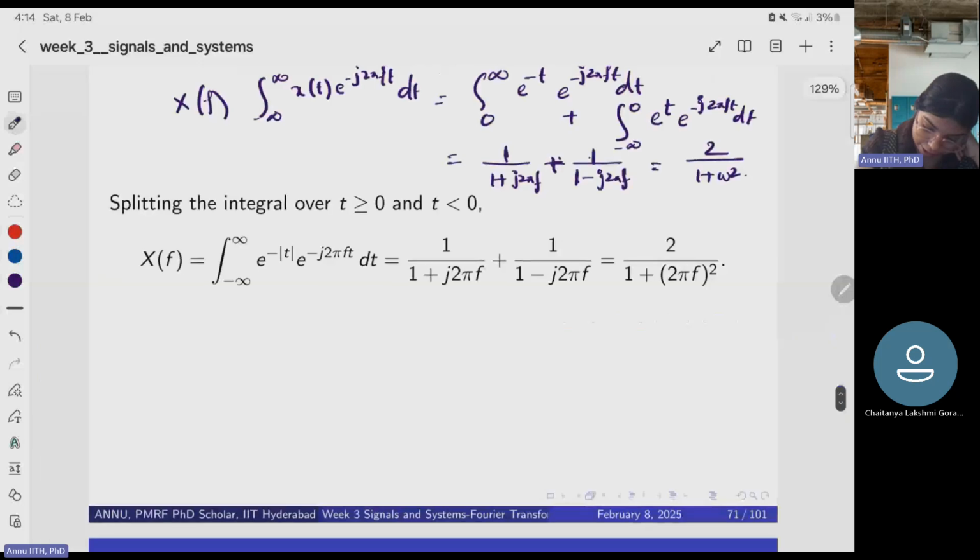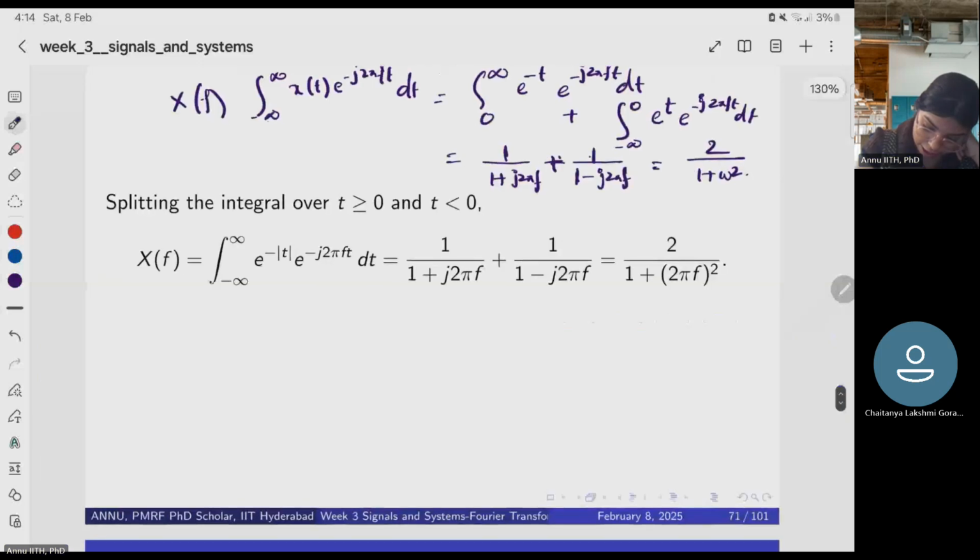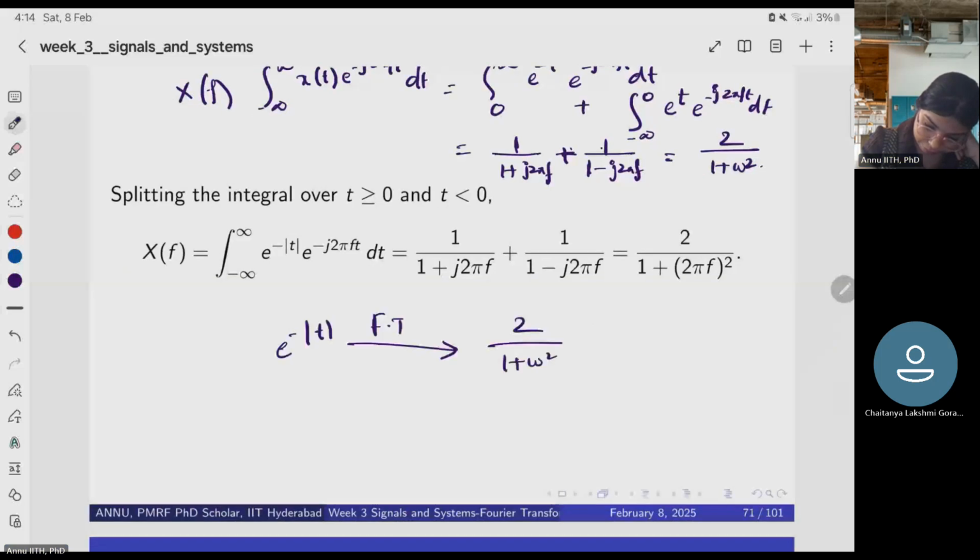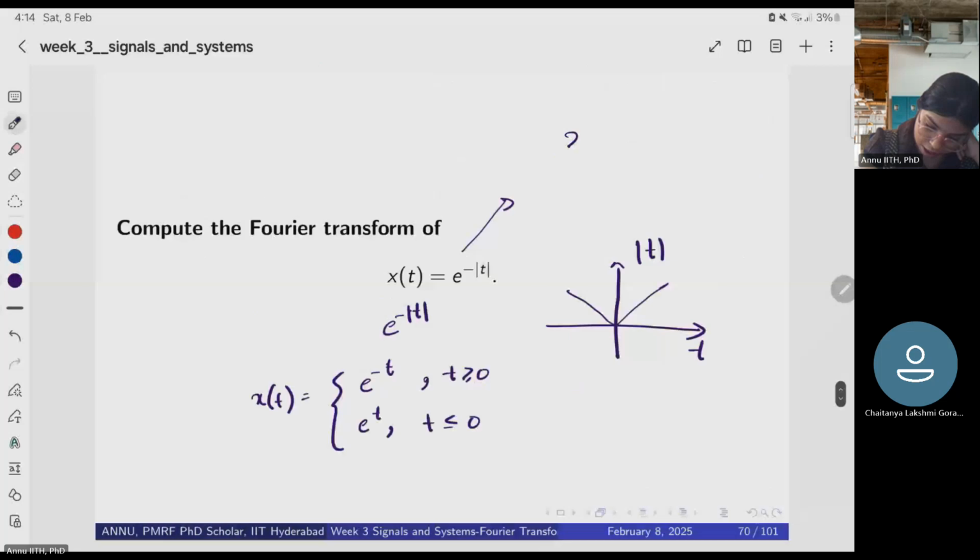So e power minus mod t, the Fourier transform is 2 by 1 plus omega squared. This is 2a by a squared plus omega squared. Here a is nothing but 1.